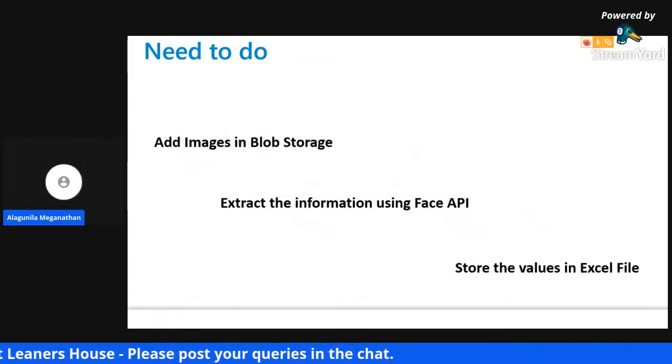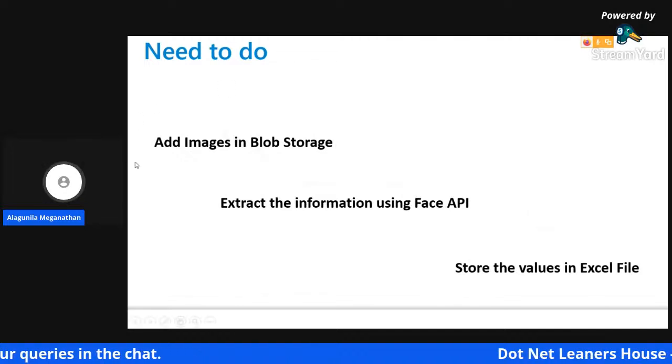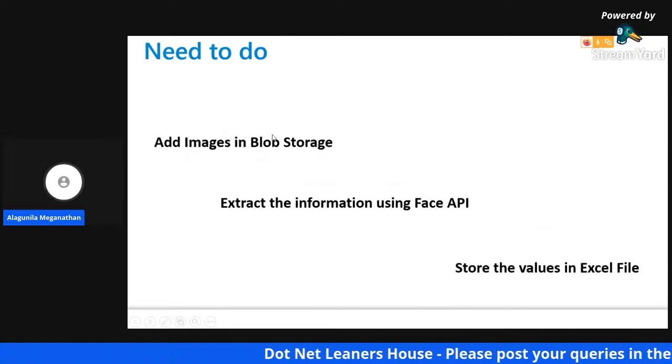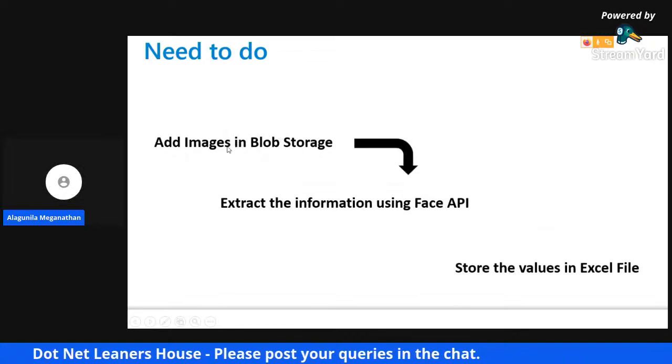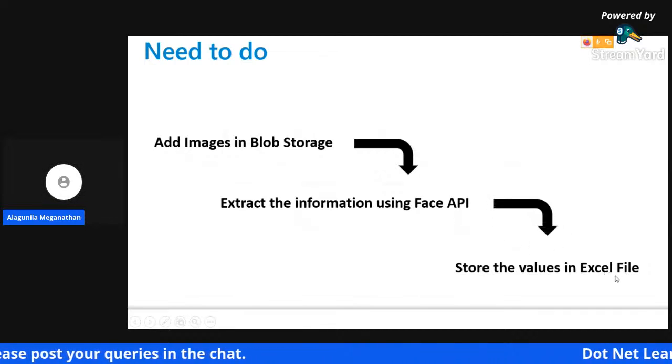This is our demo. What we are going to do in this session is this: whenever we add images to the blob storage, it extracts the information from that particular image using the Face API and stores it in an Excel file. This is our Logic App.